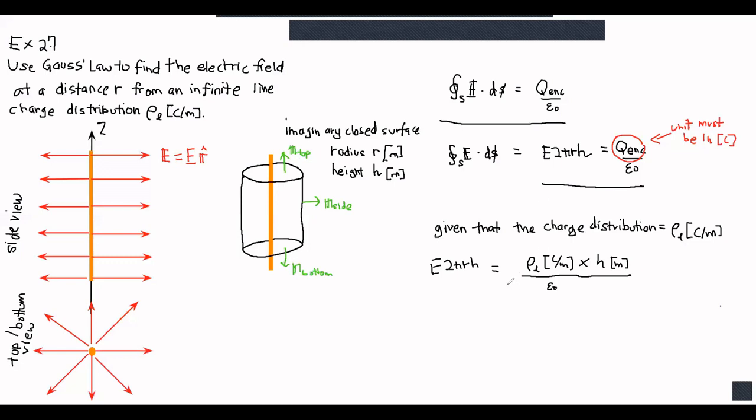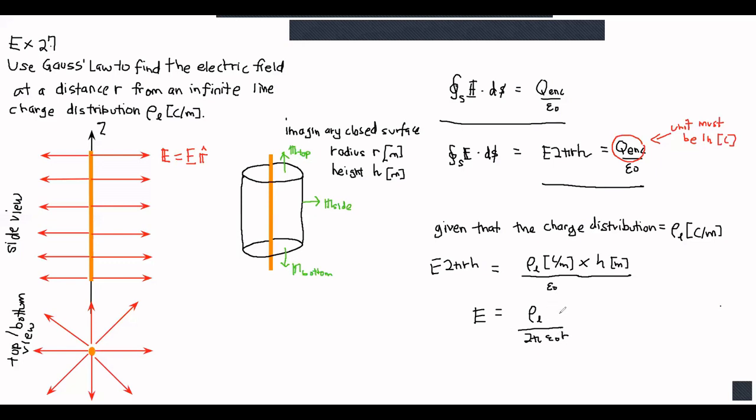From here we can solve both sides: E equals rho L over 2 pi epsilon 0 r. We have h on both sides, so we can eliminate that.